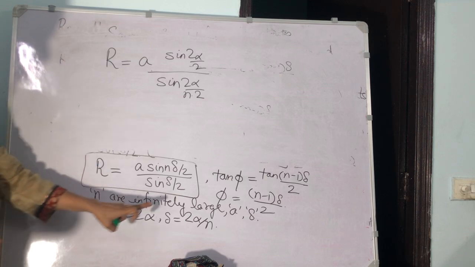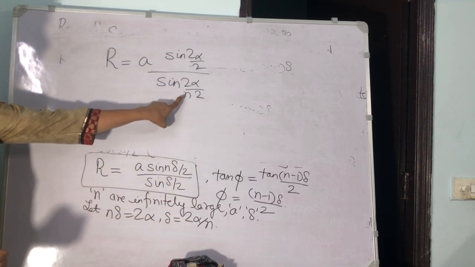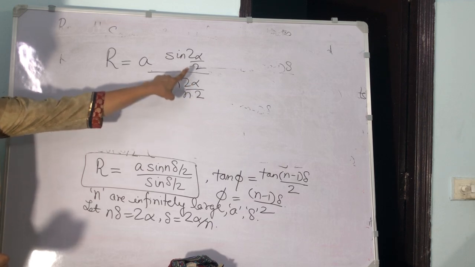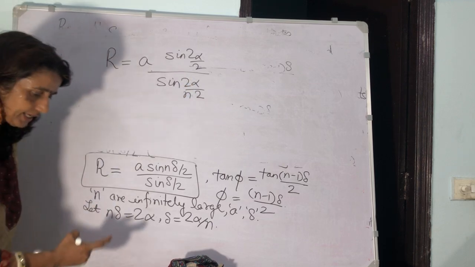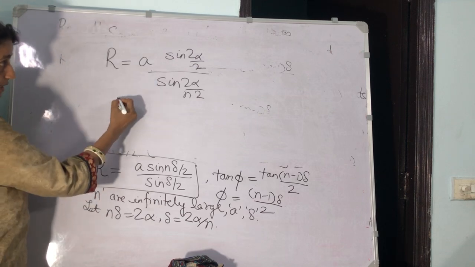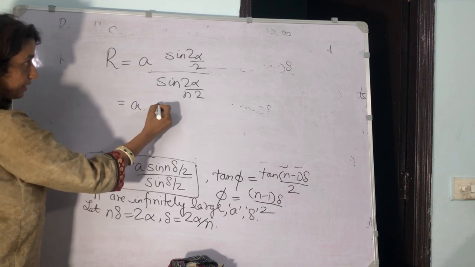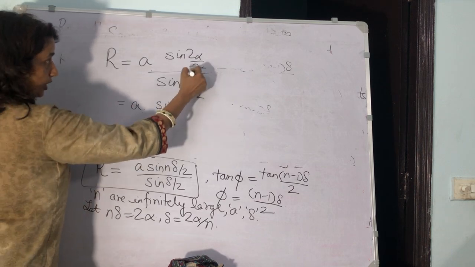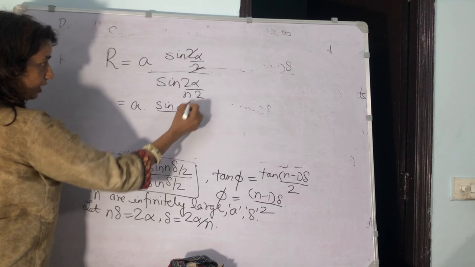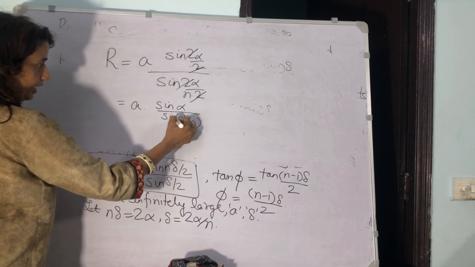Where have we got this from? δ we have put equal to 2α upon n. There the 2 got cancelled. Now this expression reduces to a sin α upon sin(α/n).